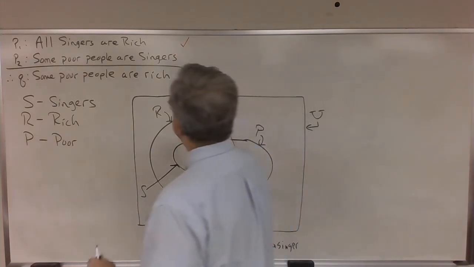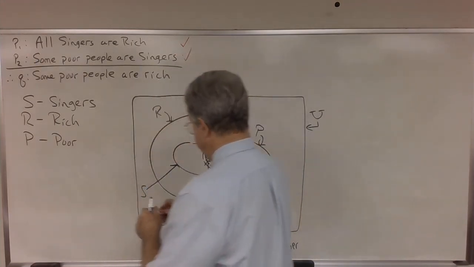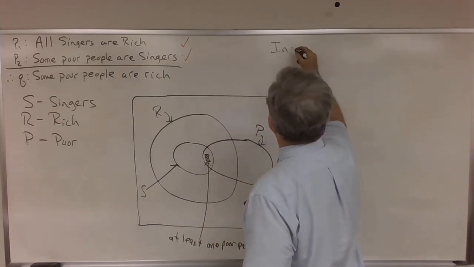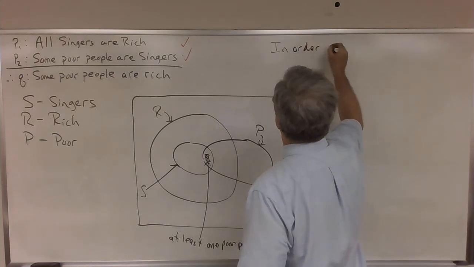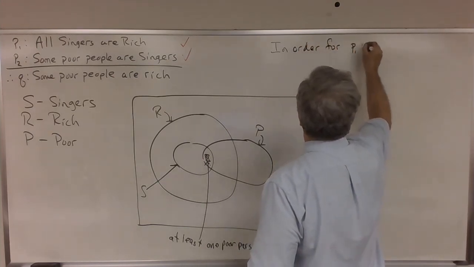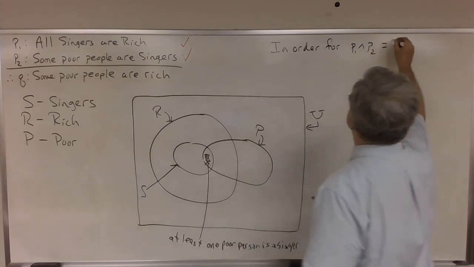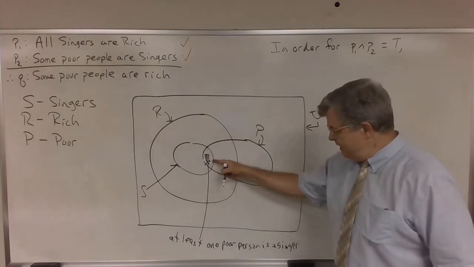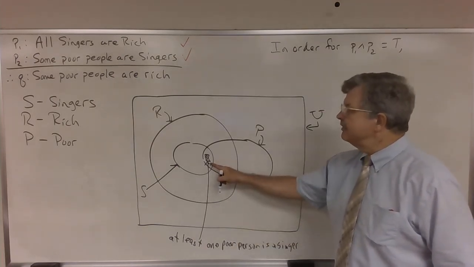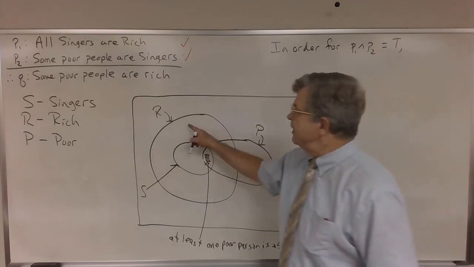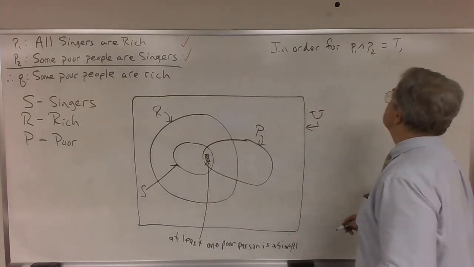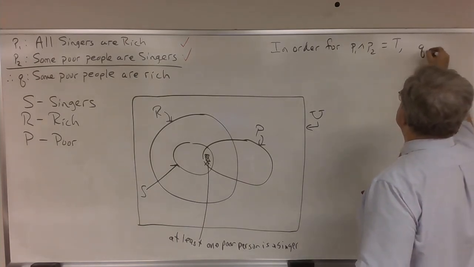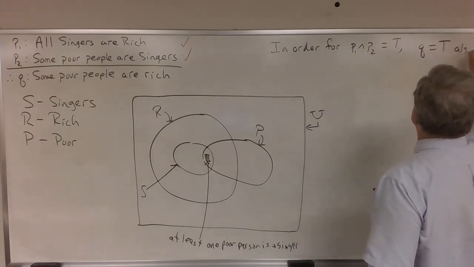So we drew P1 and P2 true, but we found out something. In order for P1 and P2 to be true, we have to have at least one poor person inside the rich circle. So in order for P1 and P2 to be true, Q has to equal true also.